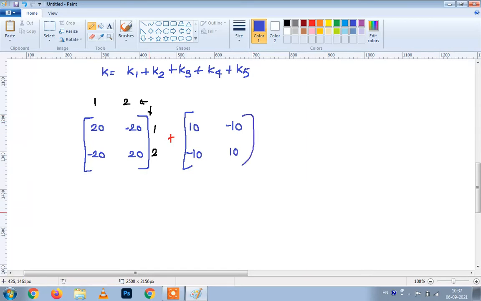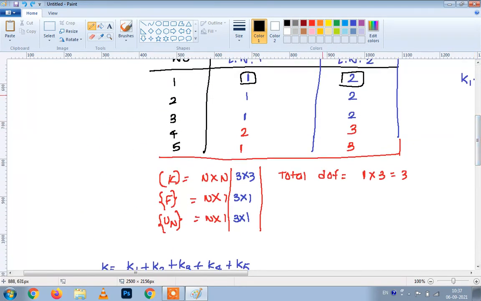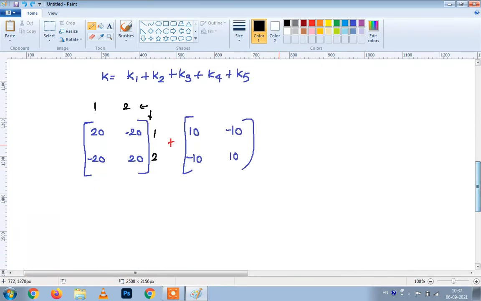Our formula is K, minus K, minus K, K. Based on this formula, we are putting the values here for element number 2. Element number 2 is connected between 1 to 2 only. So, considering this 1, 2, 1, 2.